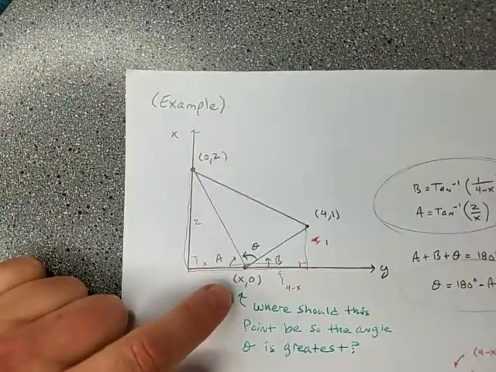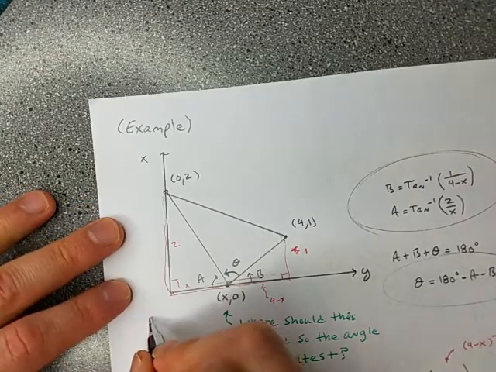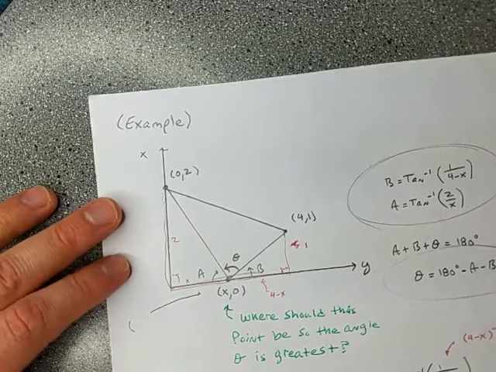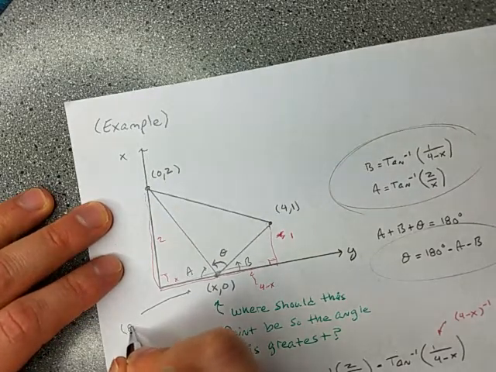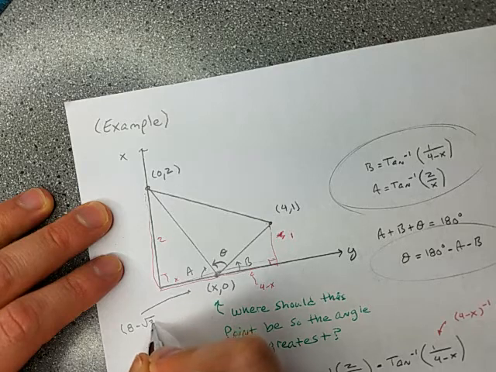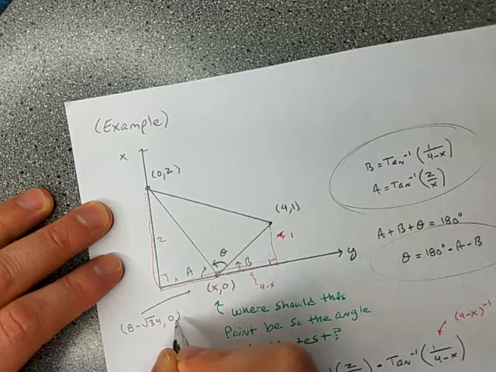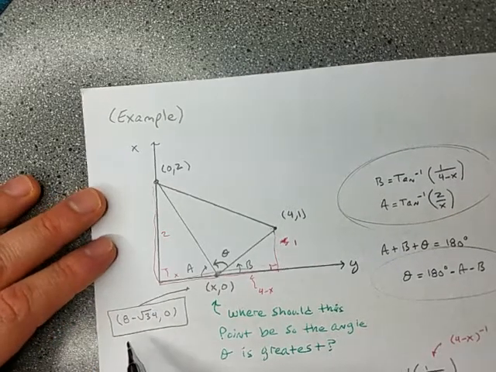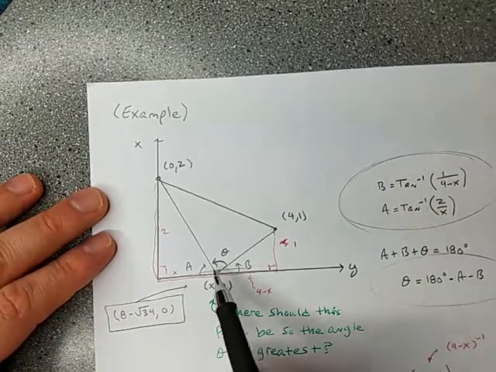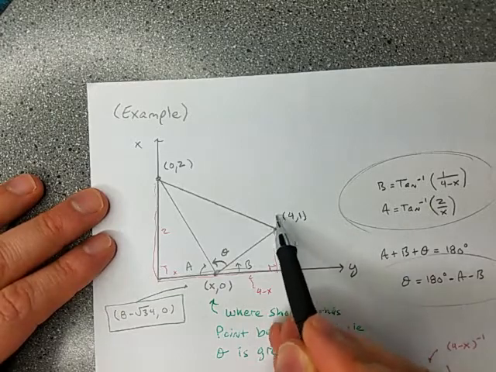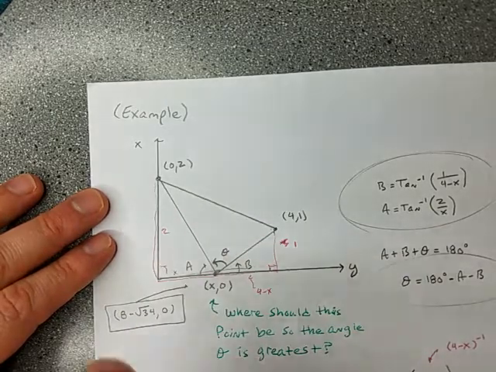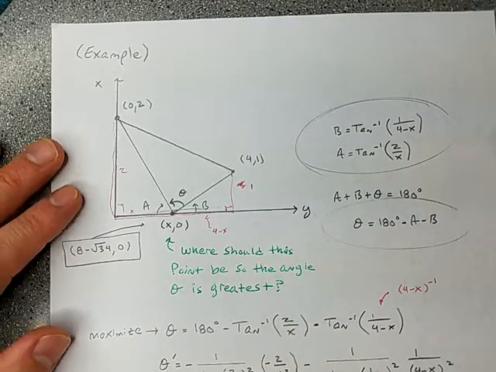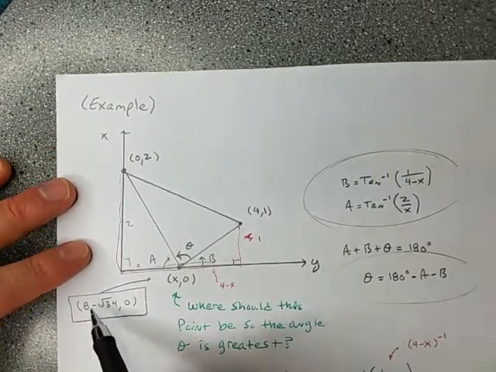We should put this point right there at 8 minus root 34 and 0, there on the x-axis, which amounts to putting it at about 2.16, right there in the middle between 4 and 0.